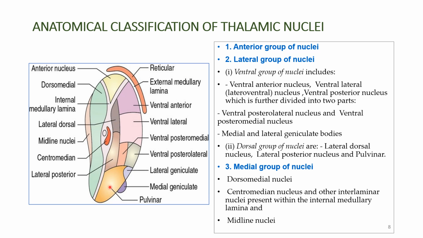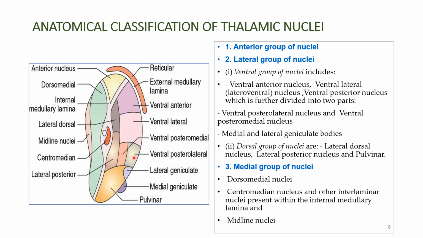Okay. Then, if you see, in the anterior group of nuclei, you have the anterior nuclei, that is one. In the lateral group, you have ventral and dorsal. In the ventral, you have ventral anterior, 1. This is ventrolateral, 2. Then ventro-posterior, this is medial and lateral, 3 and 4.